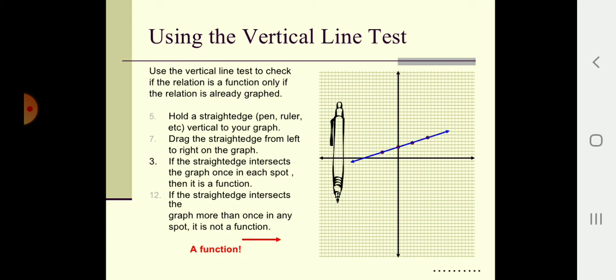Number three, if the straight edge intersects the graph once in each spot, then it is a function. Number four, if the straight edge intersects the graph more than once in any spot, it is not a function.